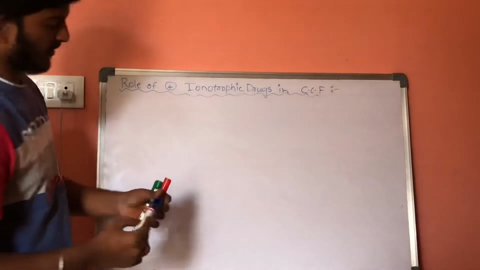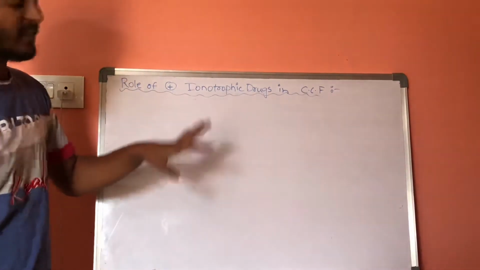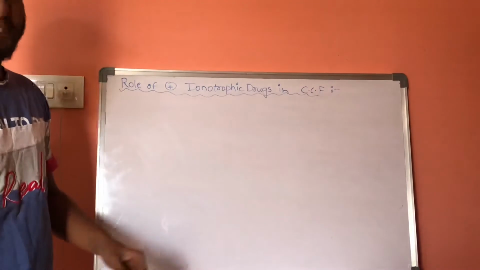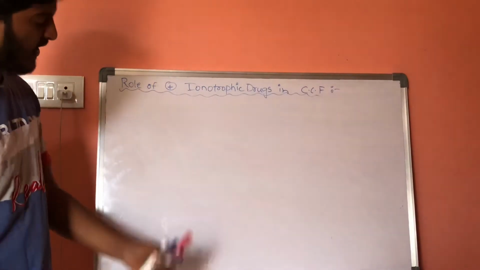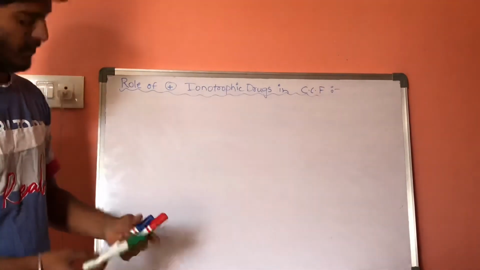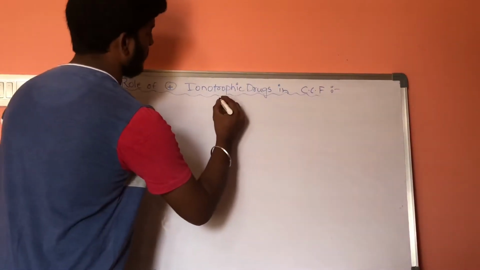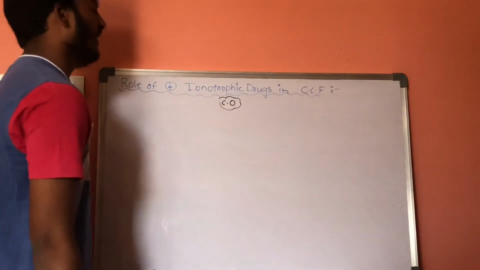Before discussing the positive inotropic drugs which are used in congestive cardiac failure, let us again discuss the basics of congestive cardiac failure. With respect to the cardiac output, let us discuss.